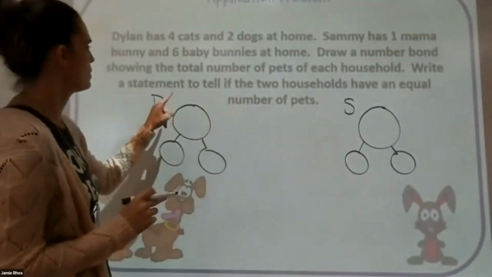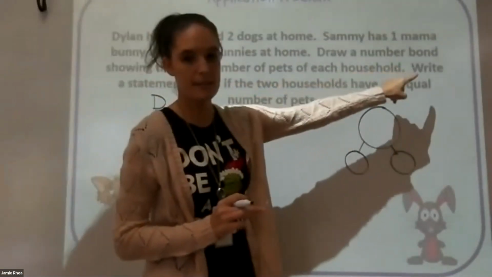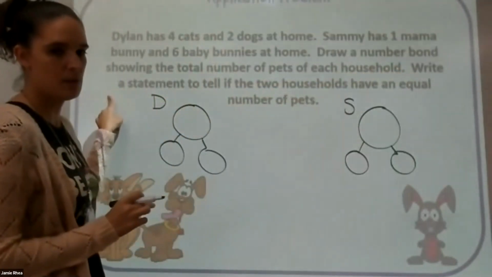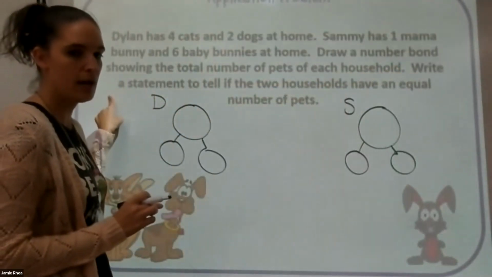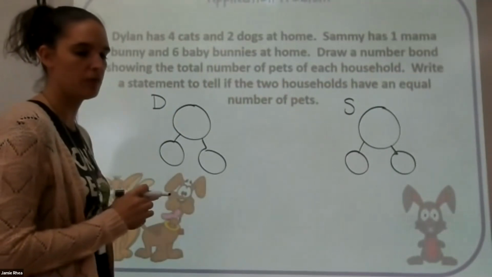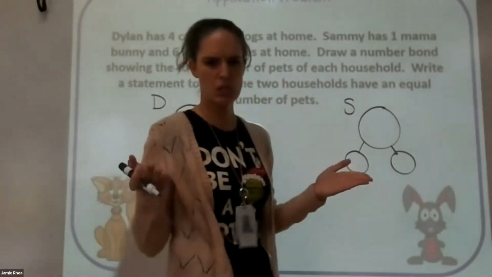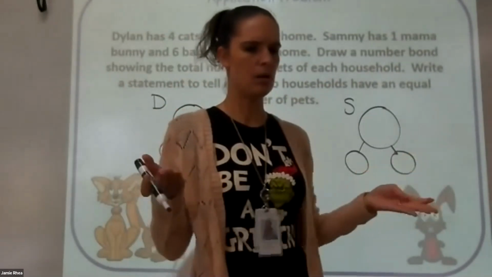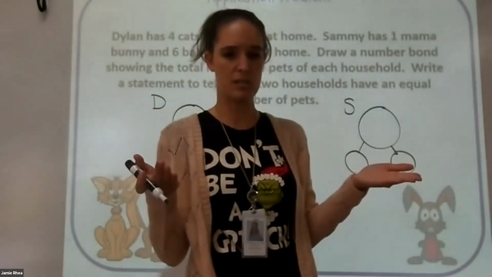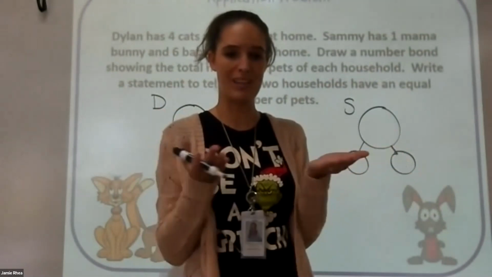Now let's see what else it wants us to do. Write a statement to tell if the 2 households have an equal number of pets. Have we been solving problems that have 2 equations or 2 expressions to show if they're equal or not?